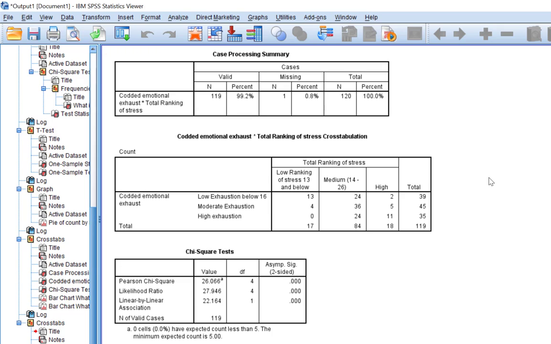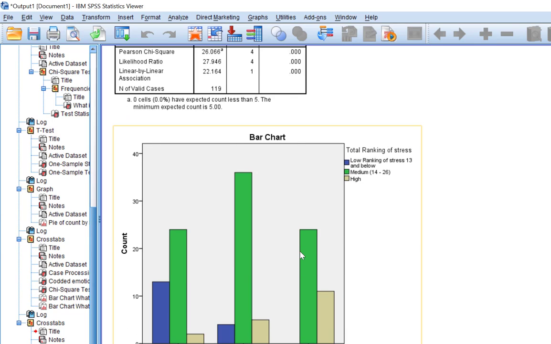Okay, so there's definitely a statistic. The crosstabs show that there's a high probability. Look, I mean, this is great. Look at the line going this way.